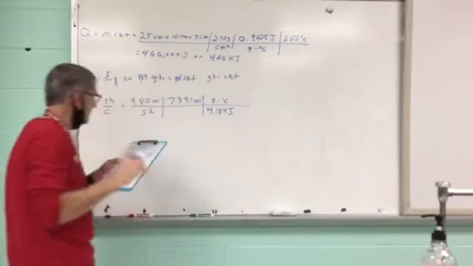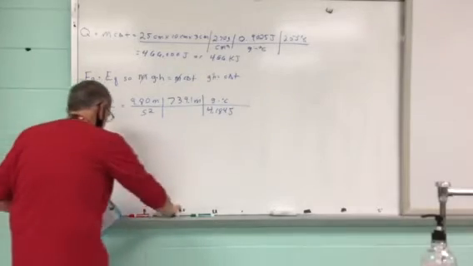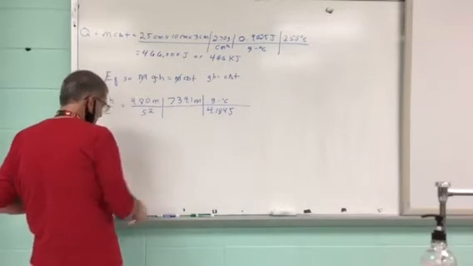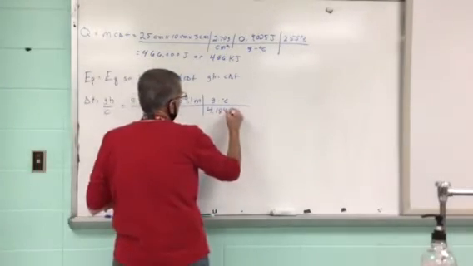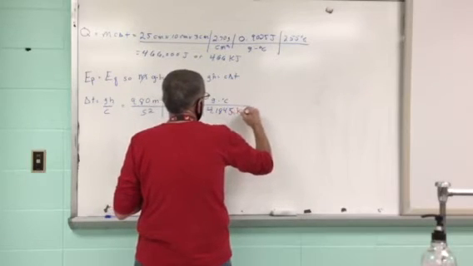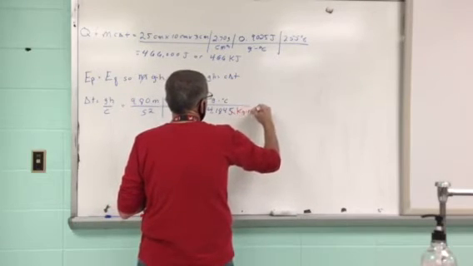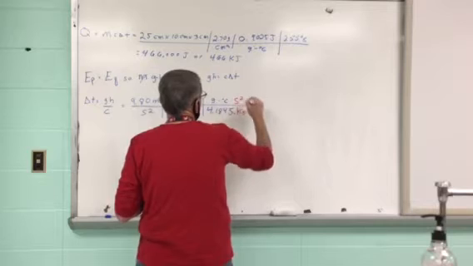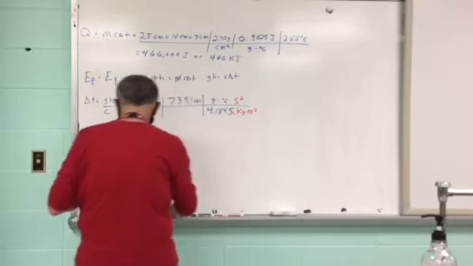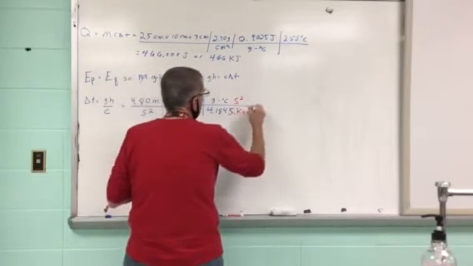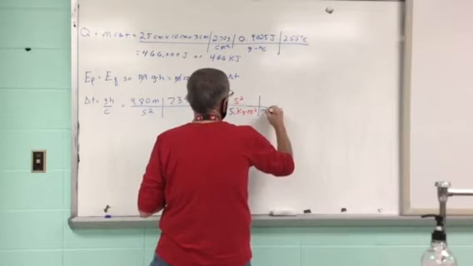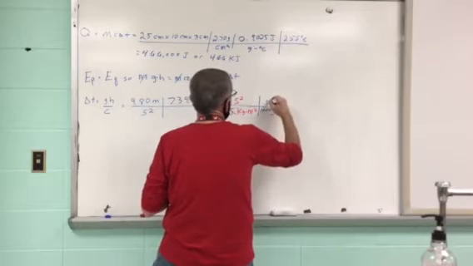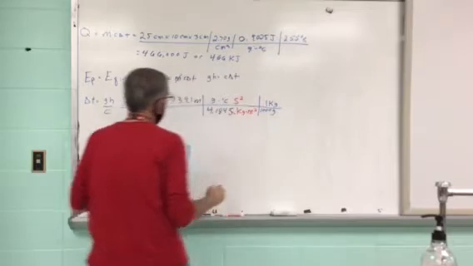Now, I want to do something different here because I told you that a joule equals, I can cross out joule, and it's kilogram times meter squared per second squared. And then we know that 1,000 grams is 1 kilogram. So look at our units.